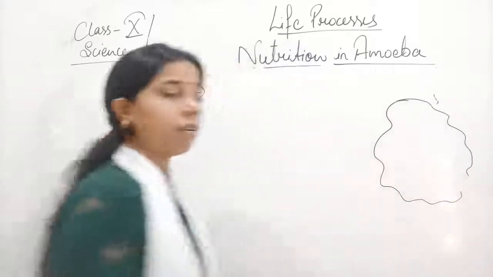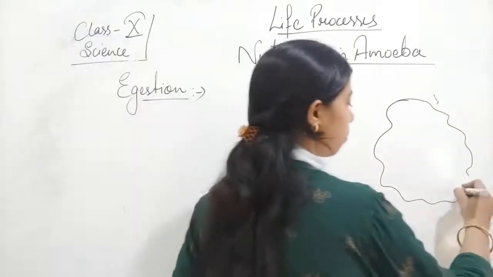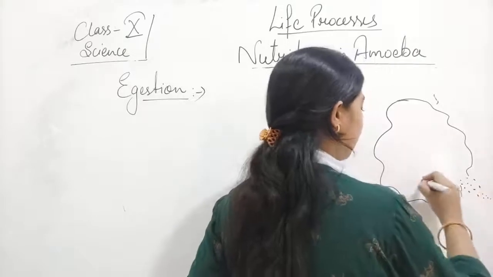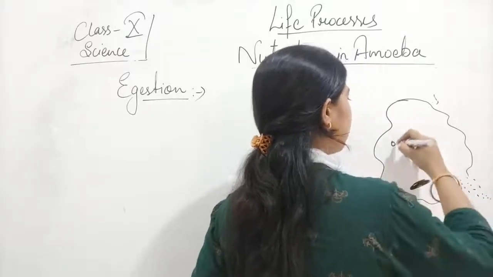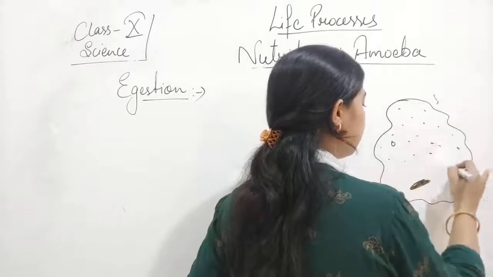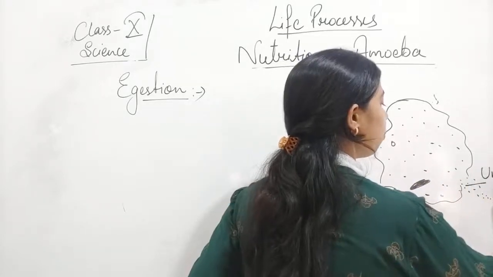If this is the amoeba, here is one portion through which the thing is coming out. Again, a nucleus is there, a vacuole is there, and all the cytoplasm is present there.